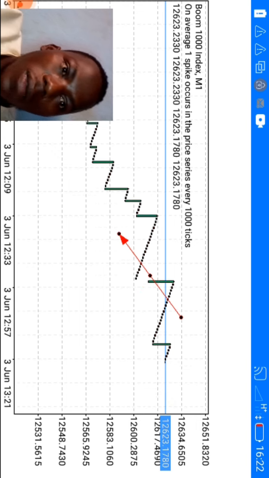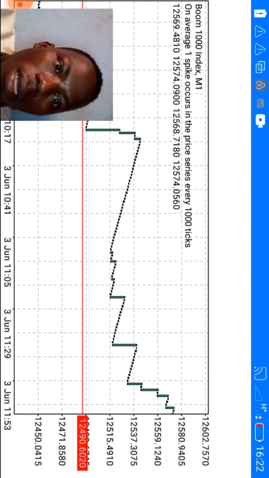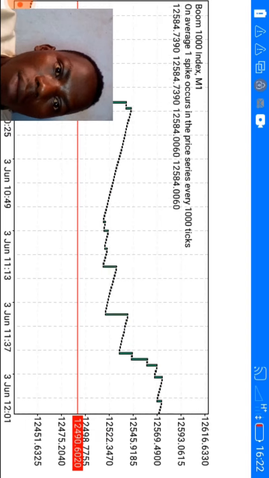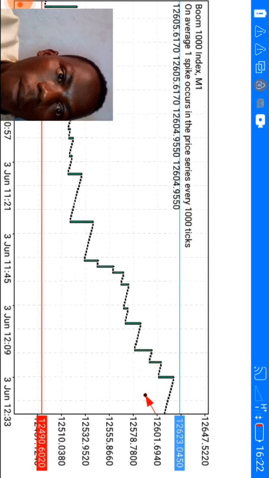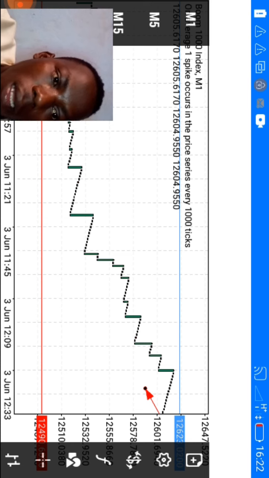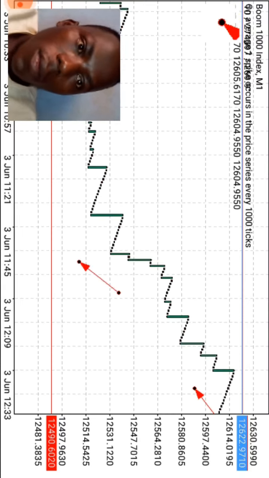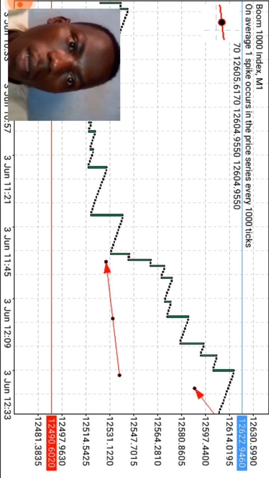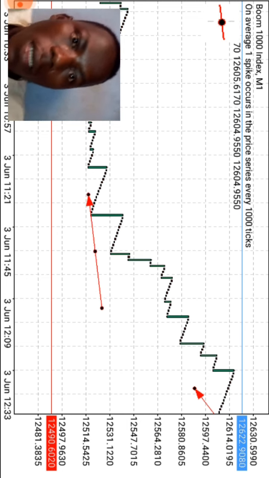That's the trade I caught actually. Let me show you. I came a bit late, so I entered here. Let me show you where I entered from. I entered because I missed this entry.